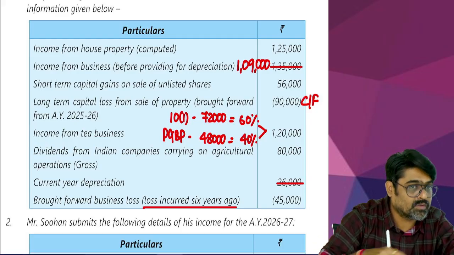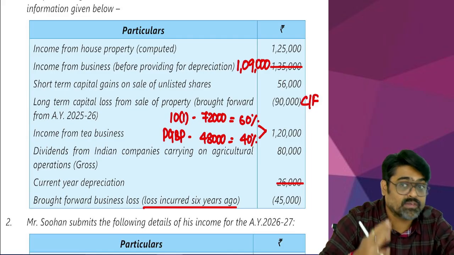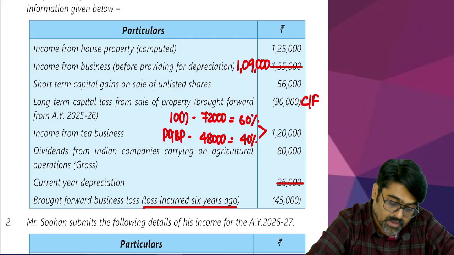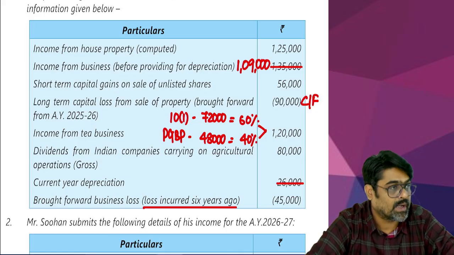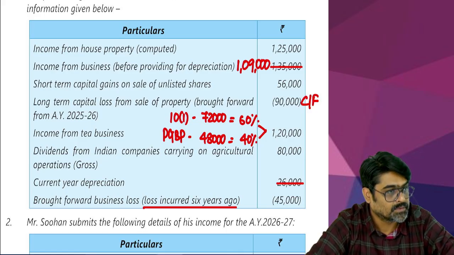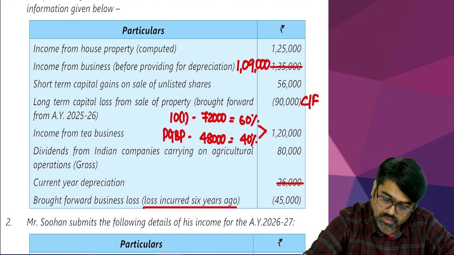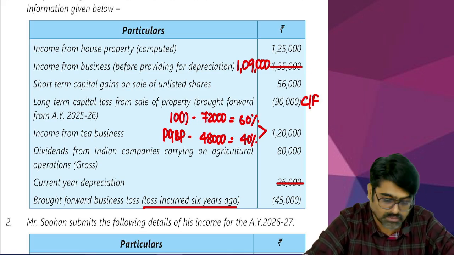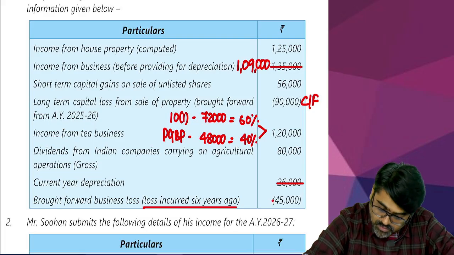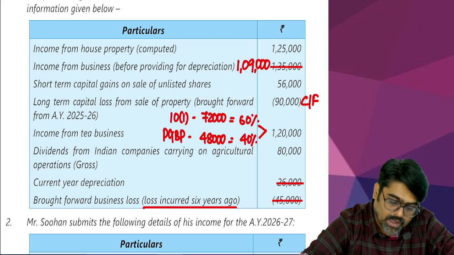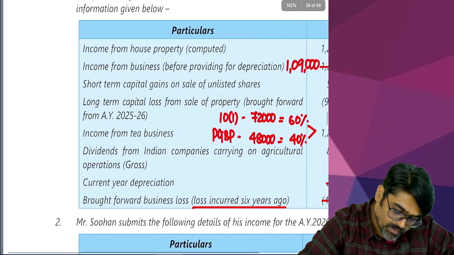So in this year, this loss will be set off only against business income. Do you have business income? Yes. You have business income of 1,09,000 also, and you have business income of 48,000. Add both of them. 1,57,000. Out of that, can you set off your 45,000? Yes or no? So this 45,000 will go, and how much business income will remain?